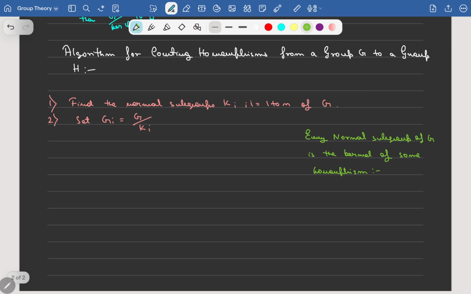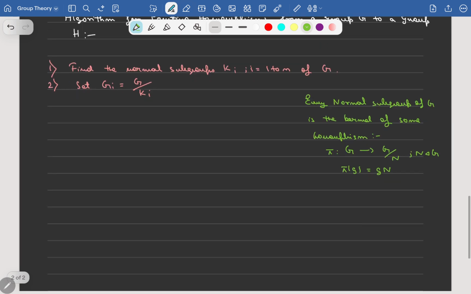The other way around follows from the natural projection of G to G mod N, where N is a normal subgroup of G. This map is defined by taking an element g and mapping it to its coset. What you can observe is that the kernel of pi is exactly N. So there exists a homomorphism corresponding to every normal subgroup such that the kernel of that homomorphism is exactly that normal subgroup. So there is a 1-1 correspondence between kernels of homomorphisms and normal subgroups in a group.